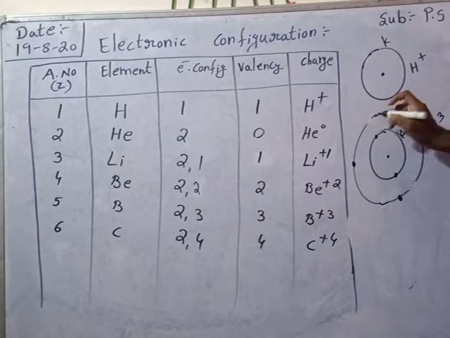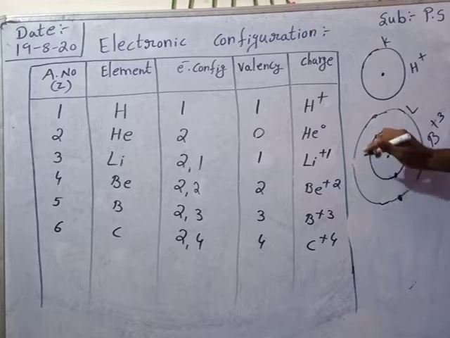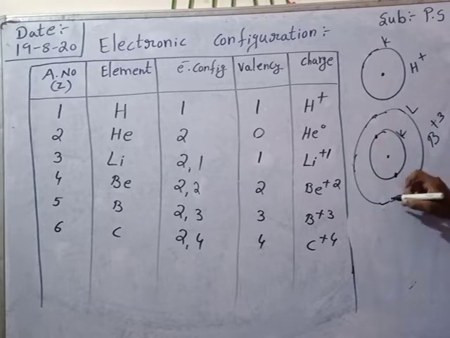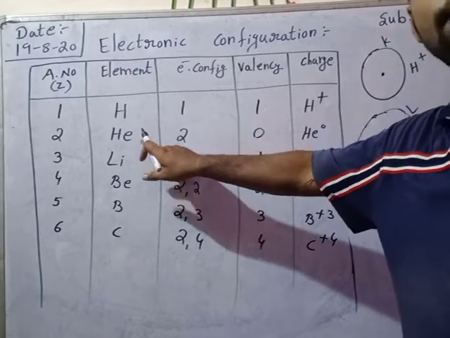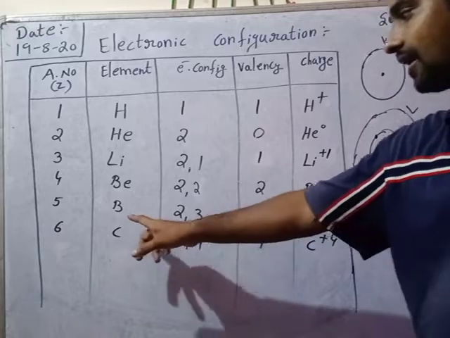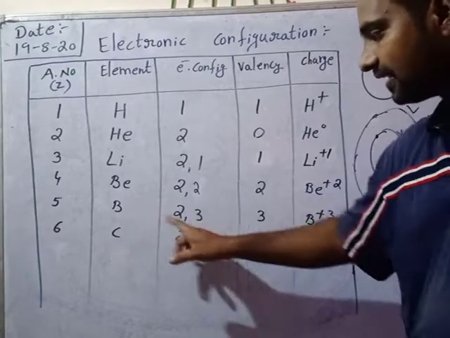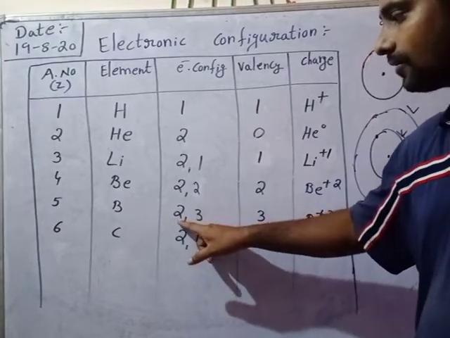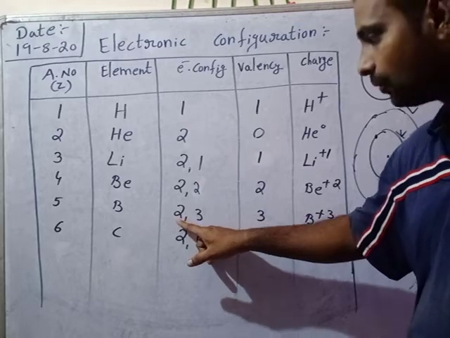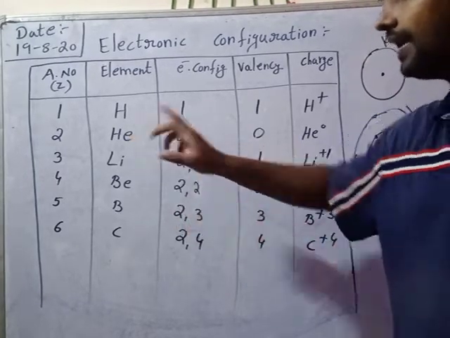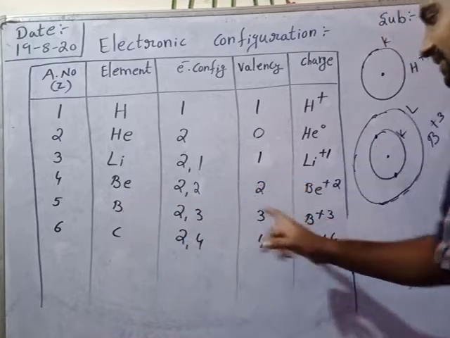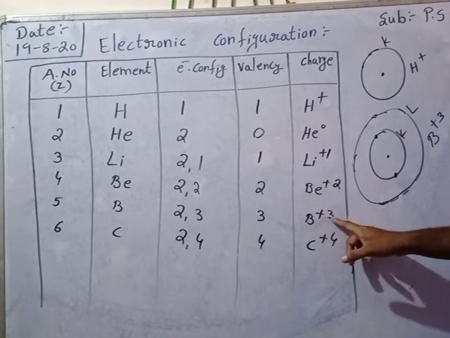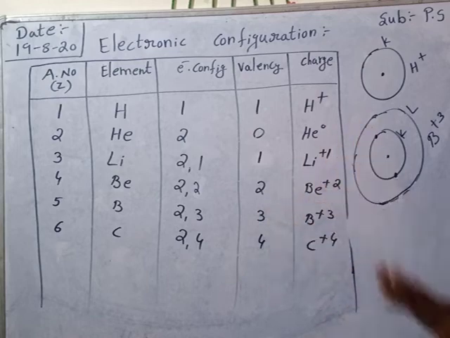When boron, 2, 3, loses 3 electrons, the electronic configuration becomes 2, which indicates the electronic configuration of helium. So the charge of boron is plus 3 and valency is 3.